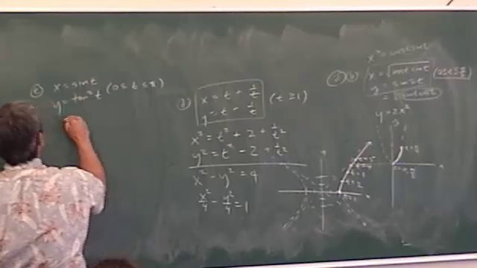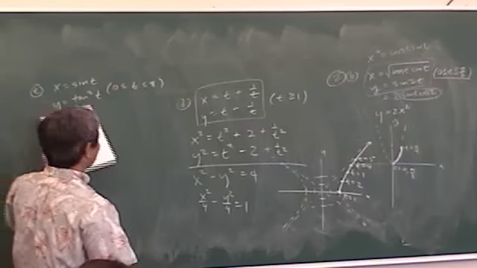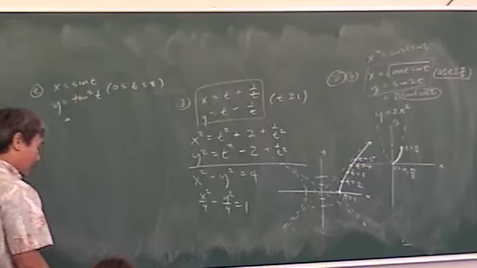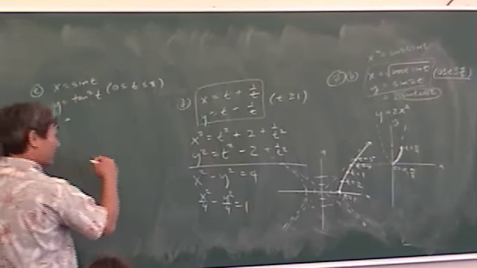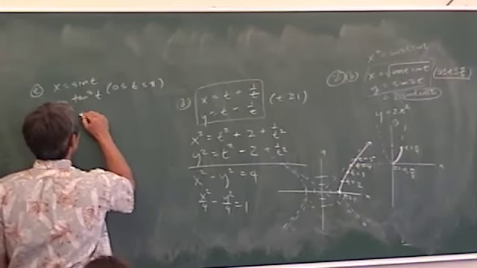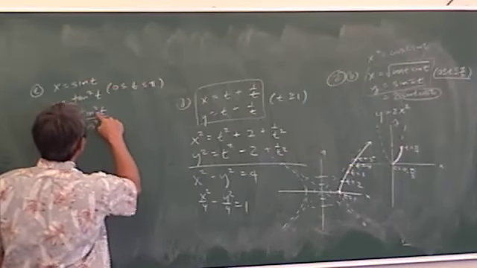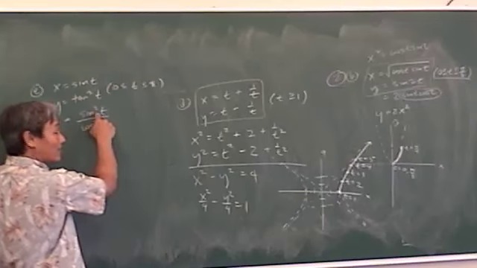Okay, now what do I do? What do I do with tangent squared? Because I see a sine there. Turn it into sine squared over cosine squared. Oh, that's good because this is x squared at the top, but what about the bottom?